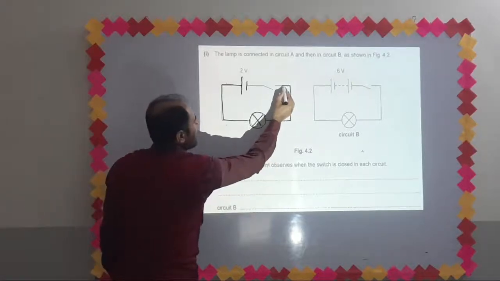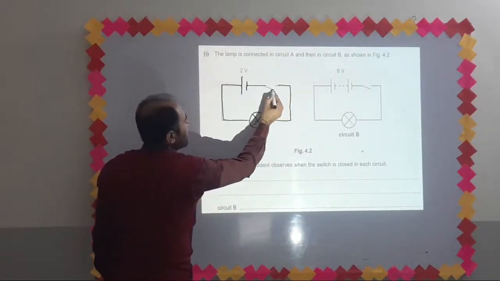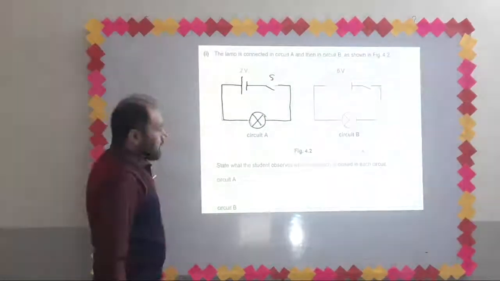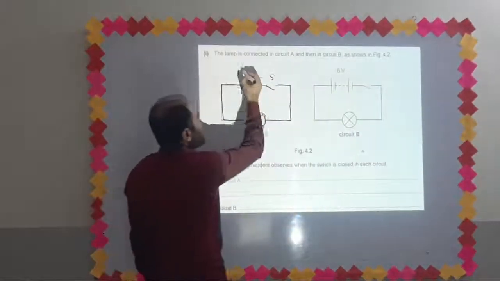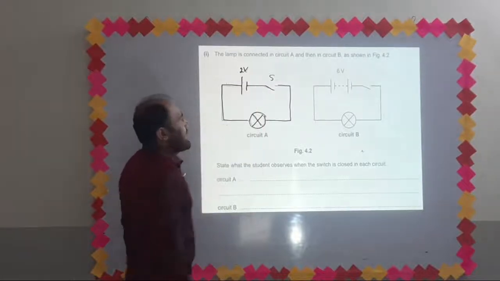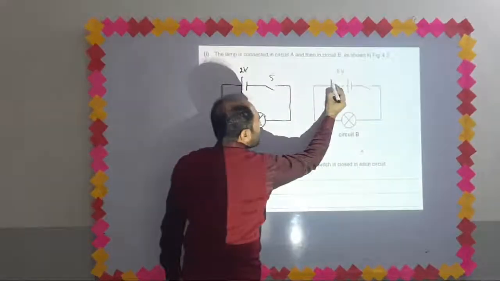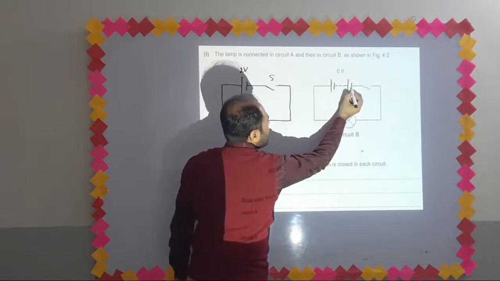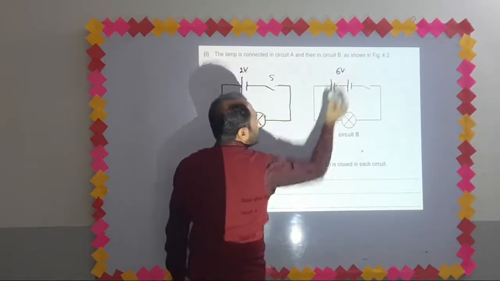These are connecting wires. This is the symbol of a switch, S for switch. Again here, this is a simple cell, a 2-volt cell. This is the combination of cells. A combination of cells is called a battery. This is a 6-volt battery.